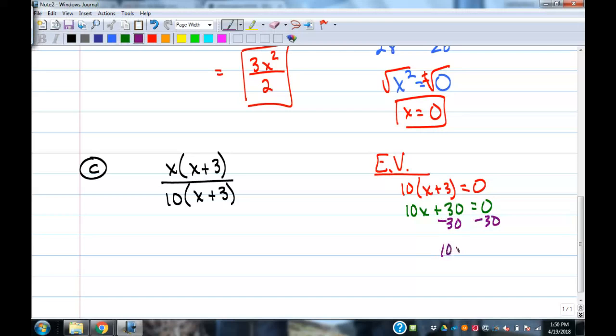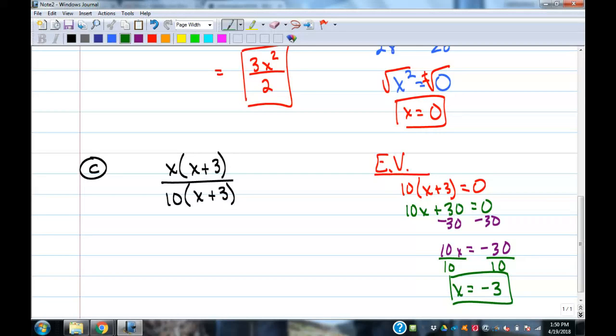So 10x is equal to negative 30. And then divide by 10. At some point you've got to divide by 10. What's negative 30 divided by 10? Negative 3, right? So there's our excluded value. I thought they had to always equal 0. Well, they start out equaling 0.